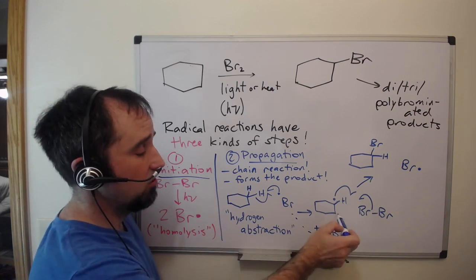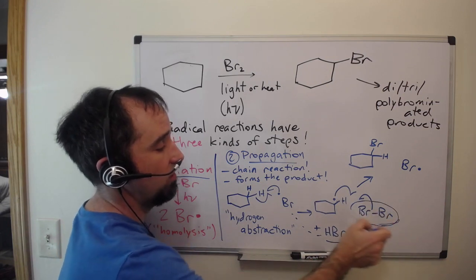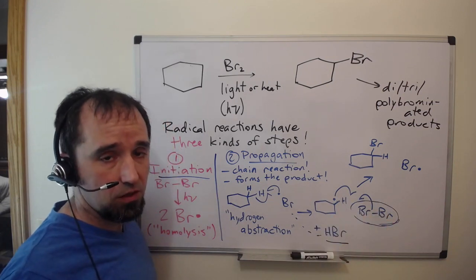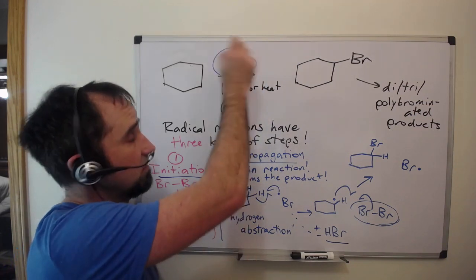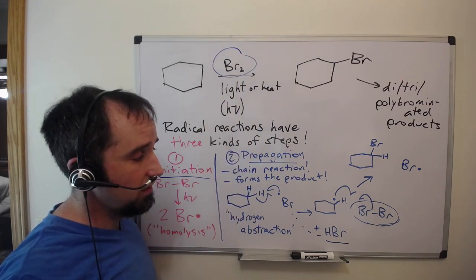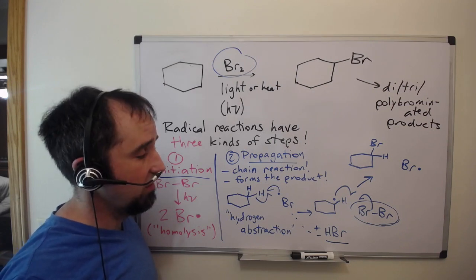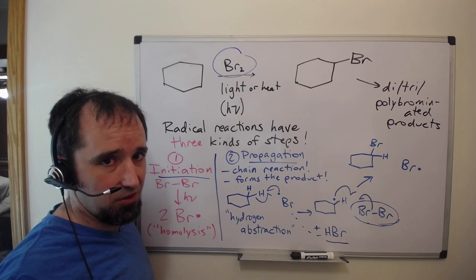Now, this alkyl radical is going to find another equivalent of Br2, so dibromine, our reagent up here. That's going to very quickly break that really weak bromine-bromine bond. You can think of this as a bromine abstraction or something, although that's weird.